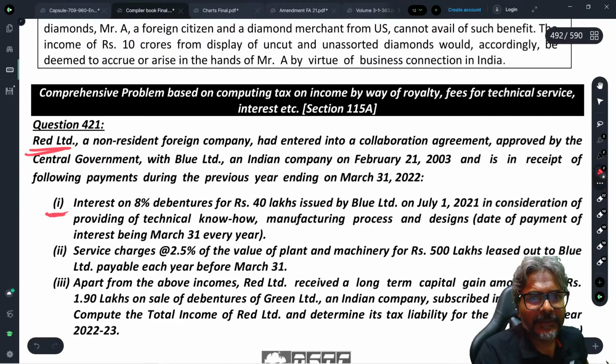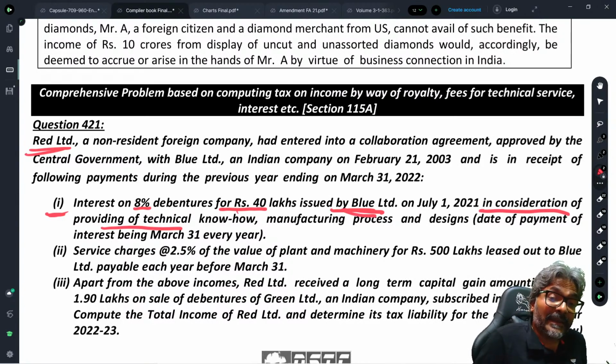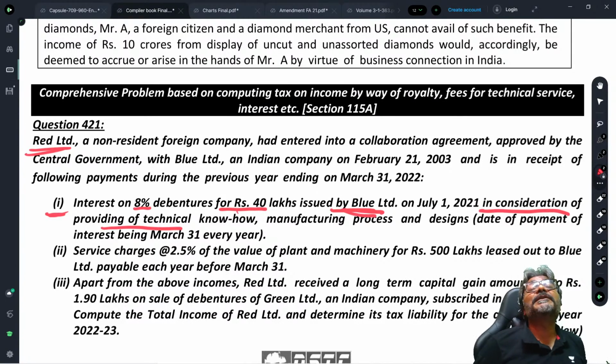So here, interest on 8% debenture for rupees 40 lakhs issued by Blue Limited. So the debenture was issued by Blue Limited in consideration of providing technical know-how. So here the non-resident Red Limited has provided the technical service, and in relation to this technical service, the consideration was paid by the Indian company in the form of debentures.